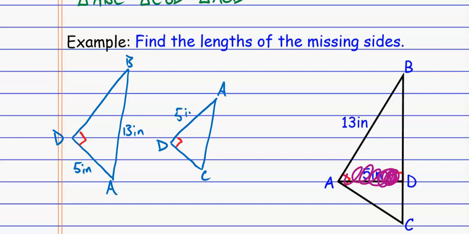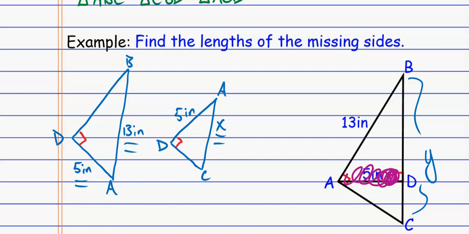Over here, this was the 5 inches. And so as I start to compare these things, I can see the hypotenuse of each is right here. I don't know the hypotenuse of this one, so I'll call it X. I also don't know the hypotenuse of the biggest triangle, so maybe I'll call it Y. That's for this whole thing. Then as I compare other sides, like the smallest side on the medium-sized triangle, that would compare to this side right here, DC.